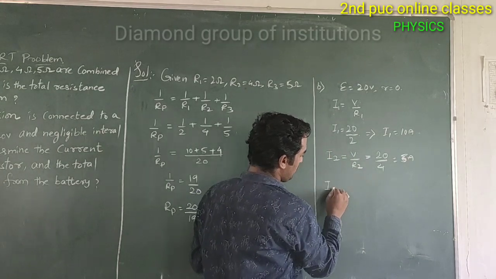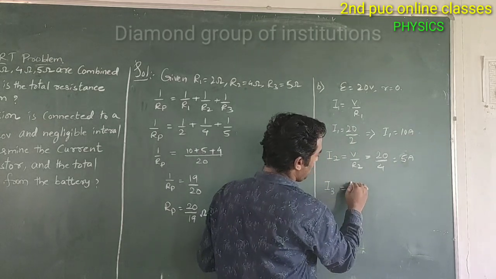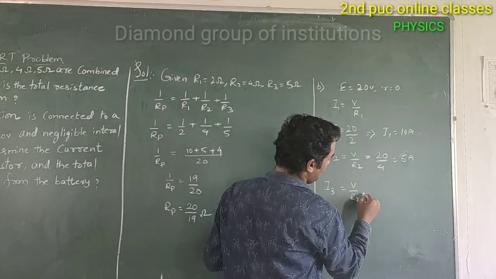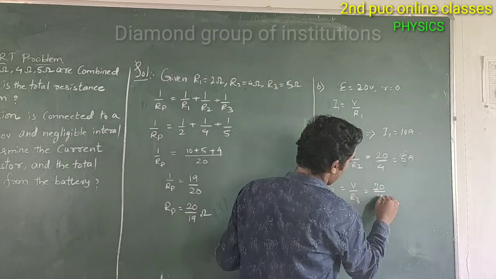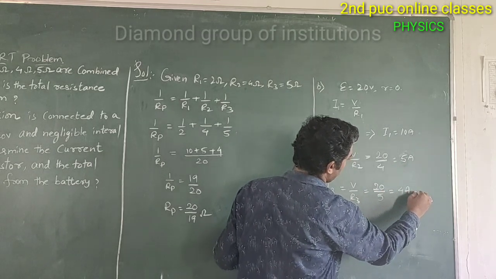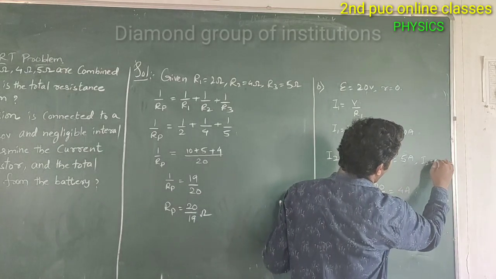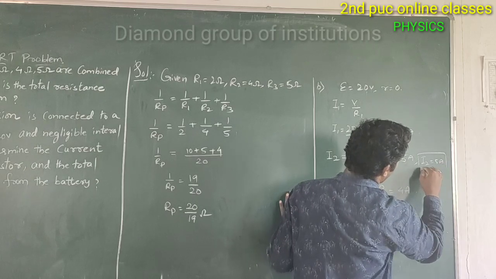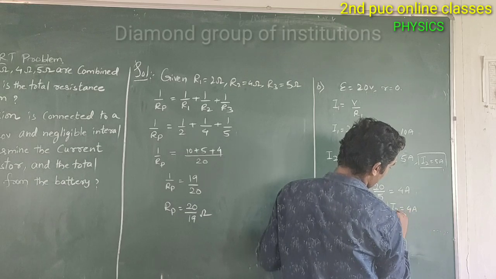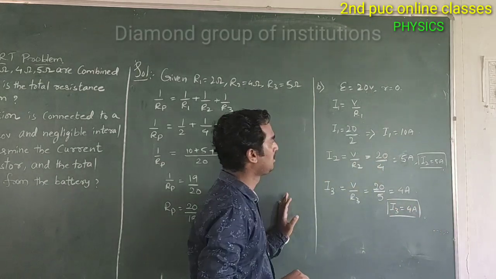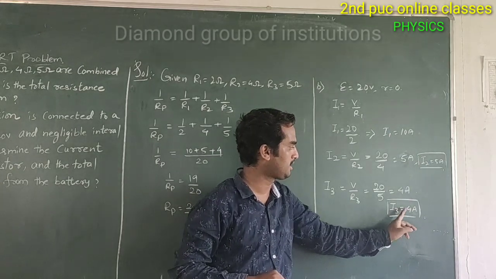Next, I3 becomes V by R3, V again 20 divided by 5, 4 ampere. So I2 value 5 ampere, I3 value 4 ampere. I1 10 ampere, I2 value 5 ampere, I3 value 4 ampere.